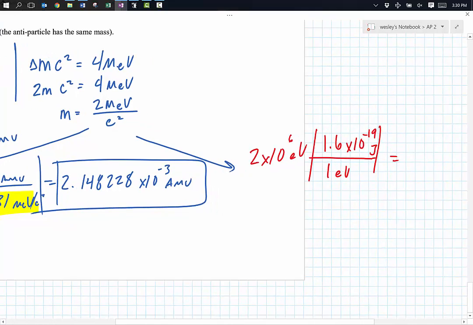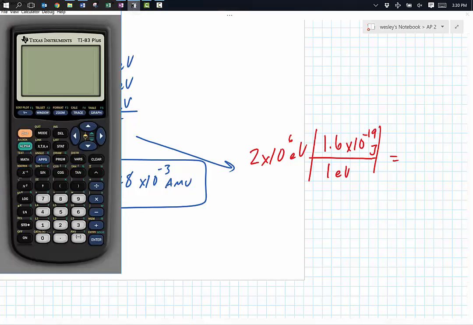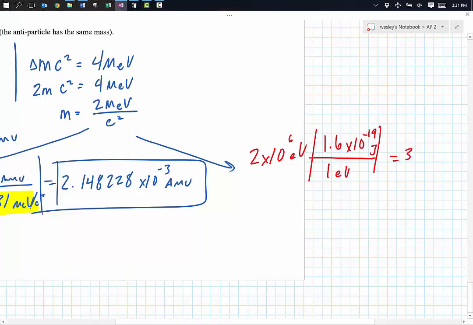That gives me an energy of 3.2 times 10 to the negative 13th joules.